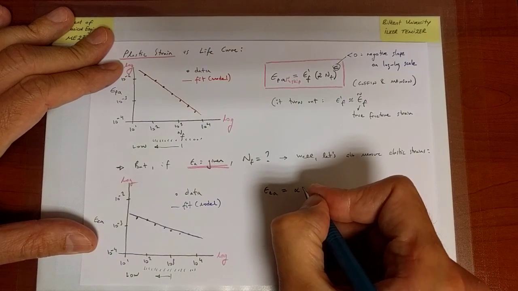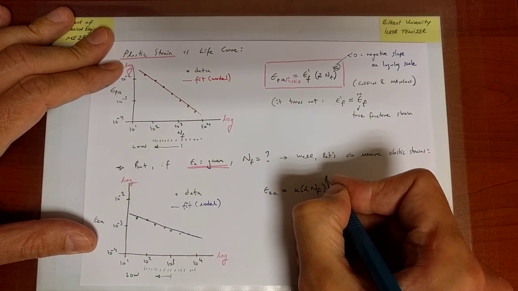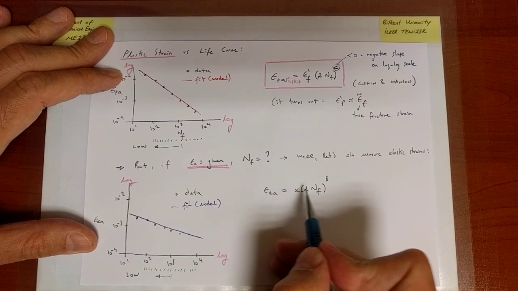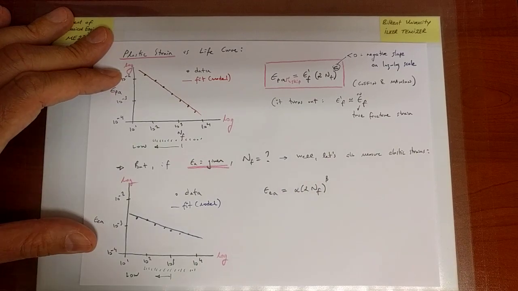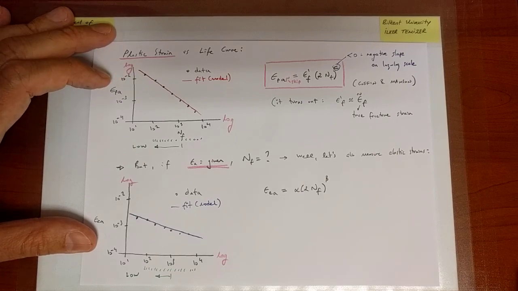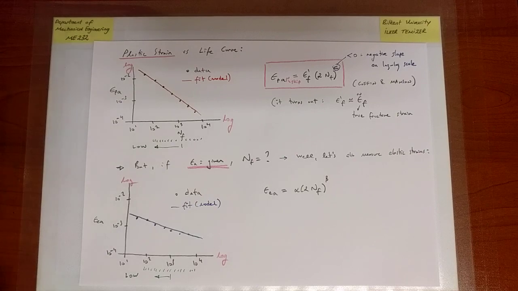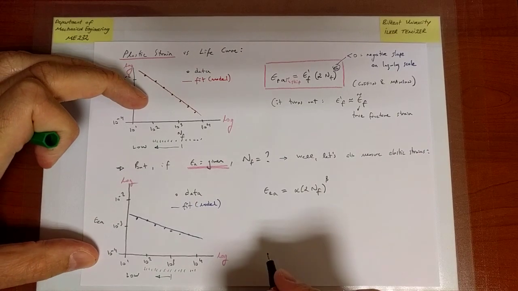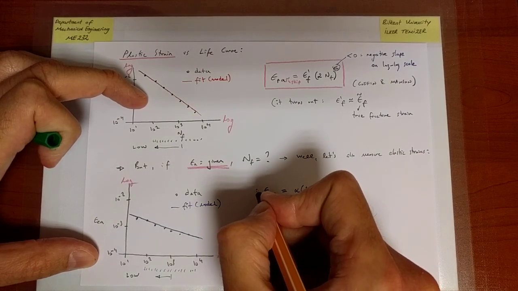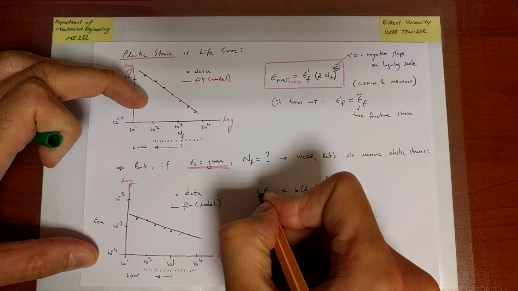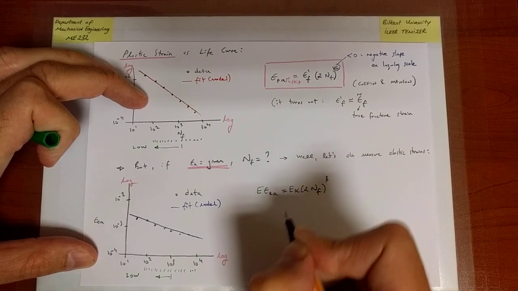So why don't I put it almost in the Basquin form, with alpha as a coefficient and beta as an exponent? Now, I'm going to play with this expression a little bit. First of all, I will multiply both sides by E, the Young's modulus.